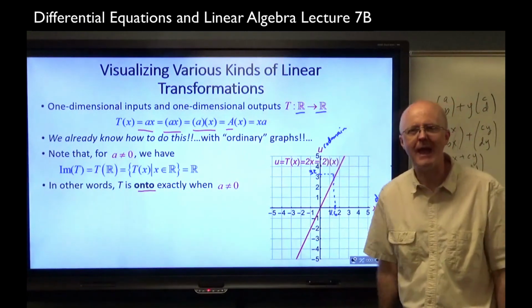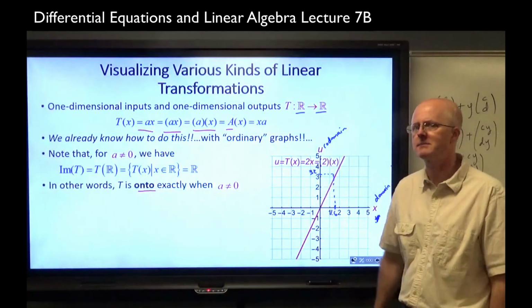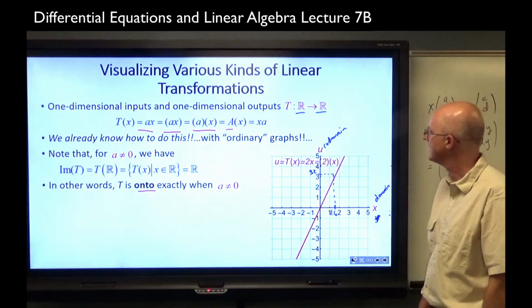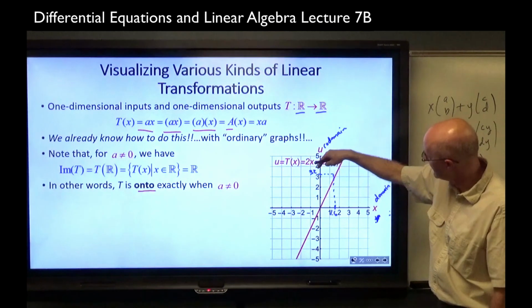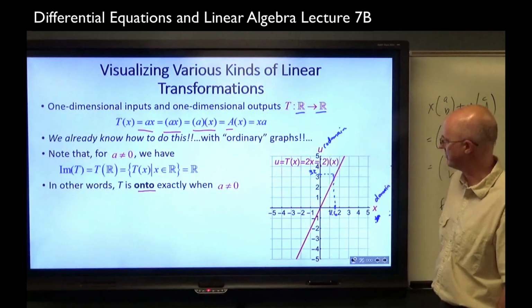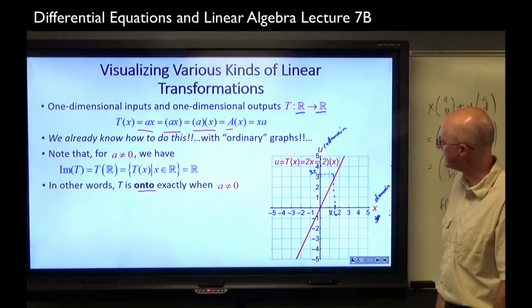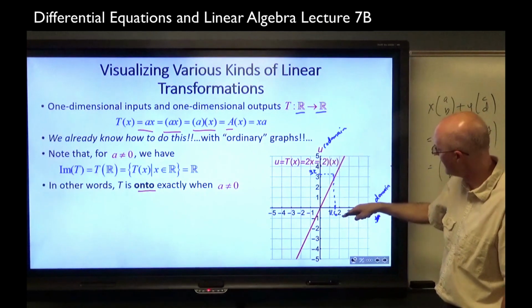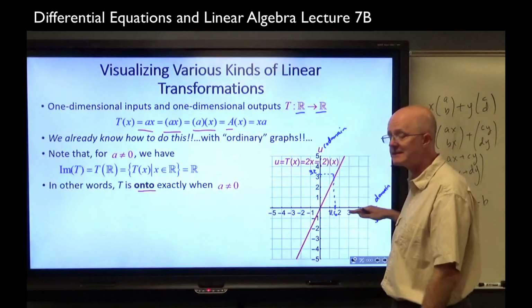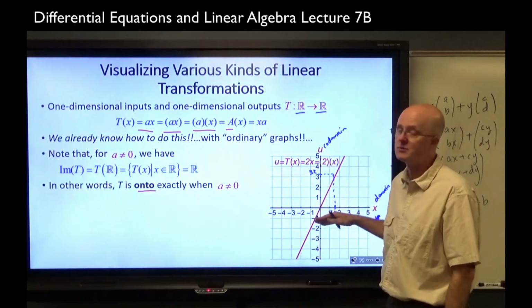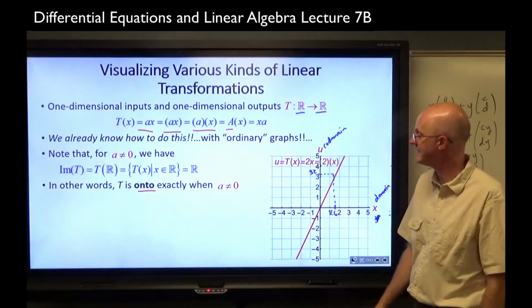I'm using that word map, like I used in lecture 6b. It gets sent to it, or any possible output is an actual output. Another way to think about it, 3.2 is a possible output. It's an actual output because when you plug in 1.6, you actually do get 3.2. If A is 0, then it will not be onto, because the graph would be just the horizontal axis, and the image would just be the origin, 0 by itself.